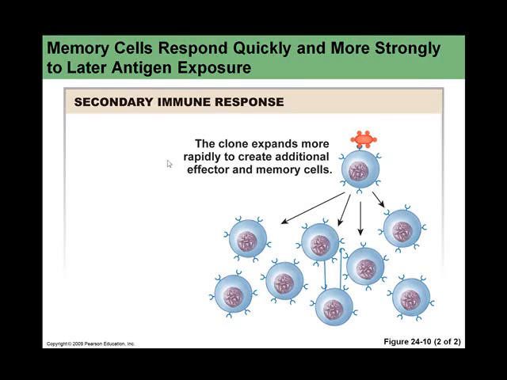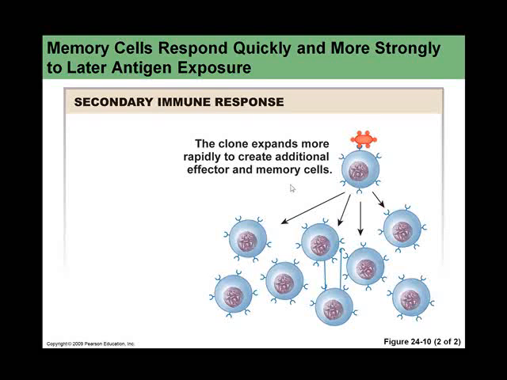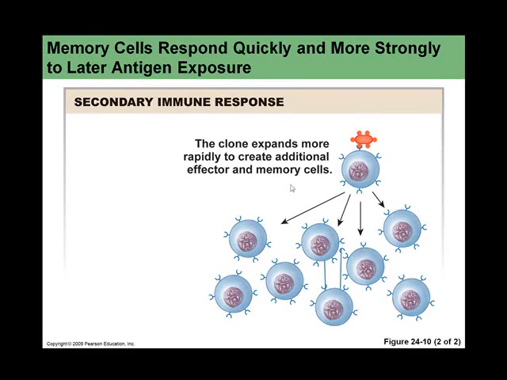So the clone expands more rapidly to create additional effector and memory cells, and quite often, although memory cells do distribute throughout the body, they will be at their highest population density at the initial site. Say we're thinking about it coming through the respiratory and oral tracts, the nose and the mouth, right?